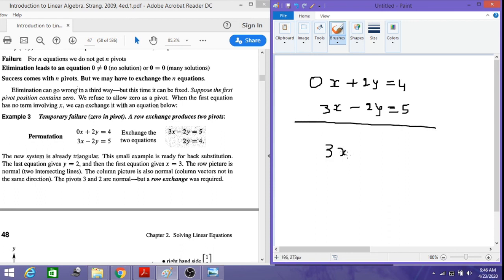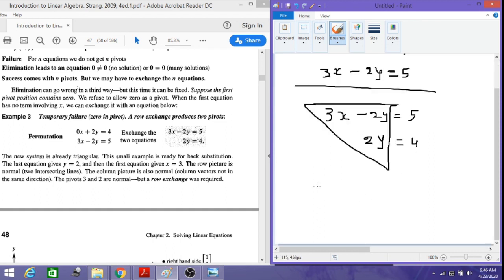Let us write like this. So we bring the second equation to first and the first to second: 3x minus 2y equal to 5, and then we write the other equation here, that is 2y equal to 4. Now if you look into this case, it is already in a triangular form, so we need not go for any elimination process.